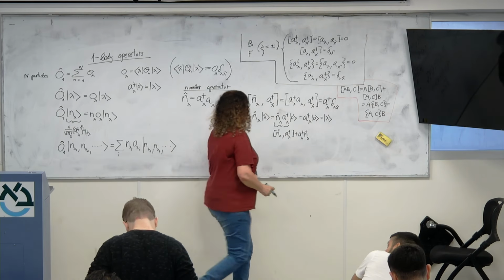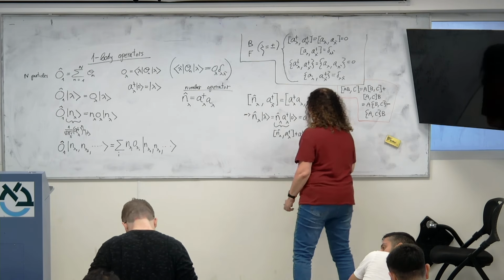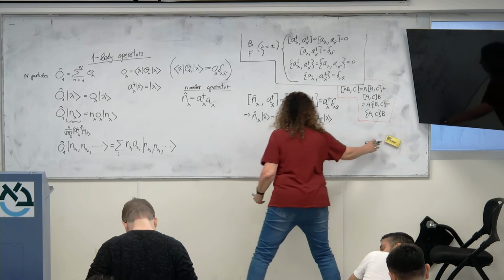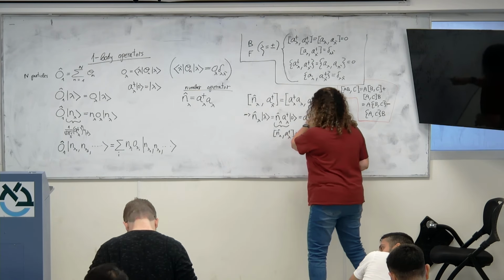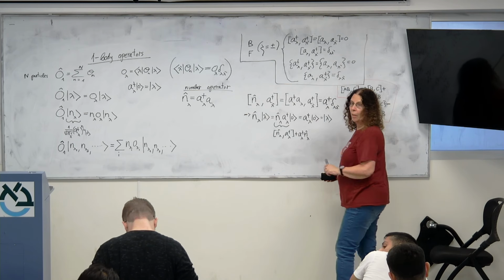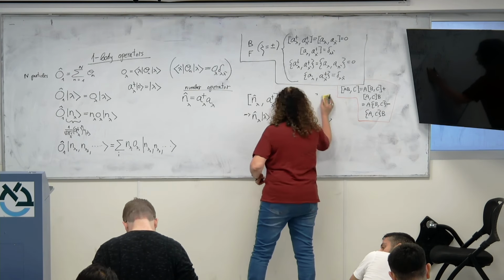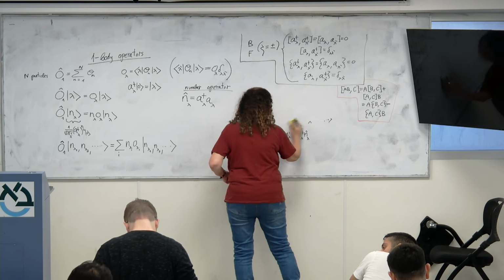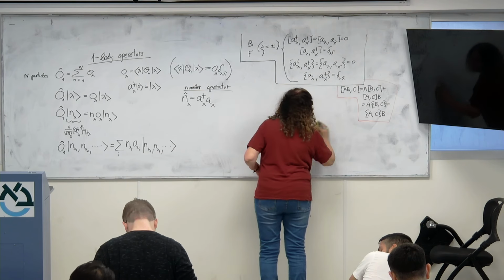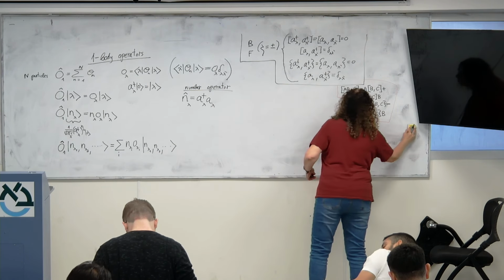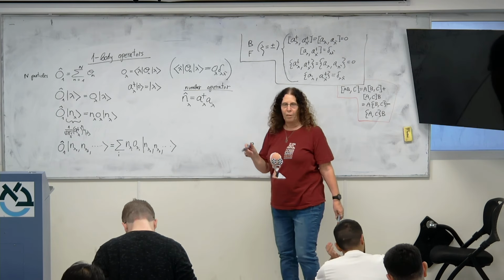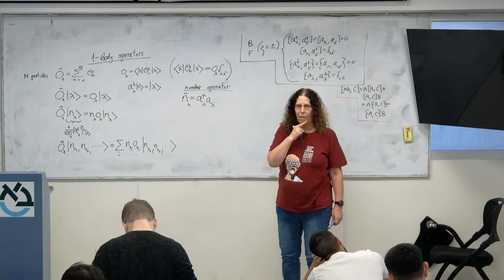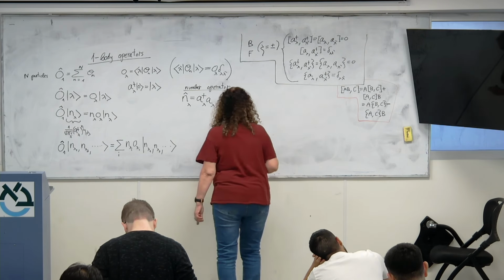But we can do better than that. We can prove a more general formula. Is it okay if I erase this? And again, it all follows from this formula with some algebra, and I think you will have a homework exercise proving it.